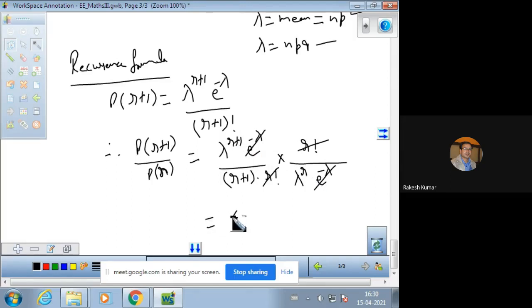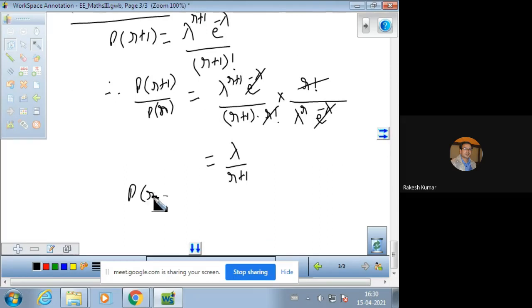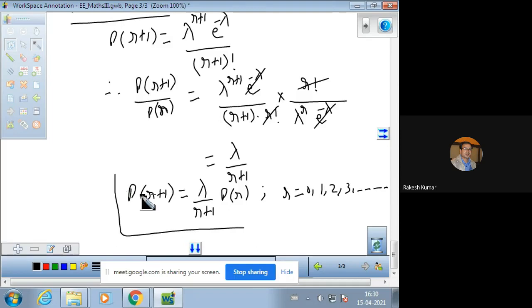So you will have lambda upon r plus 1. So ultimately, we can say that probability of r plus 1 can be found by lambda over r plus 1 into probability of r, and r is 0, 1, 2, 3, and so on. So this is the recurrence formula, or the relationship of the rth probability with the r plus first probability. This is the recurrence formula of Poisson distribution.